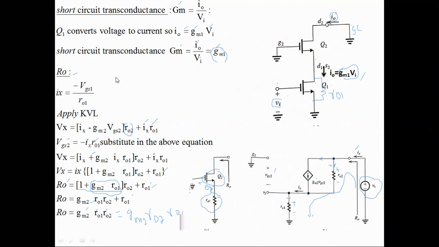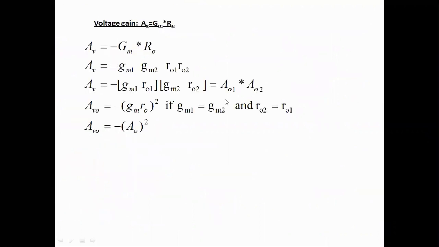Now let me move and calculate the voltage gain Av. Av equals minus gm1 times R0, which is gm2 R01 R02. We can say gm1 R01 is the intrinsic gain of Q1 and gm2 R02 is the intrinsic gain of Q2, so that A01 times A02.